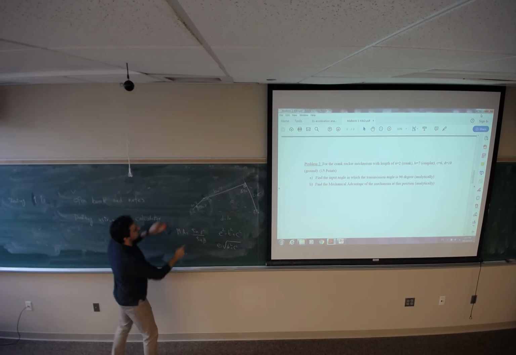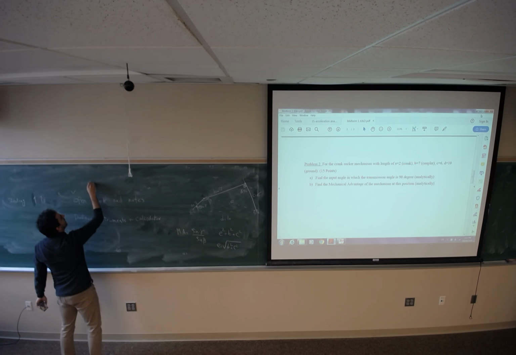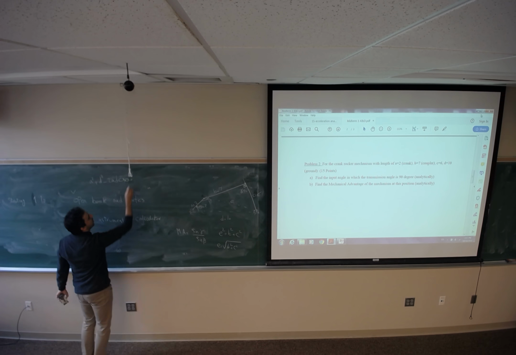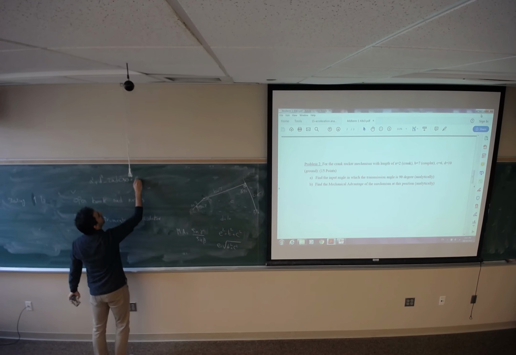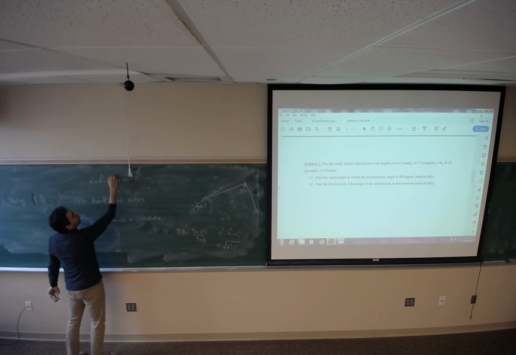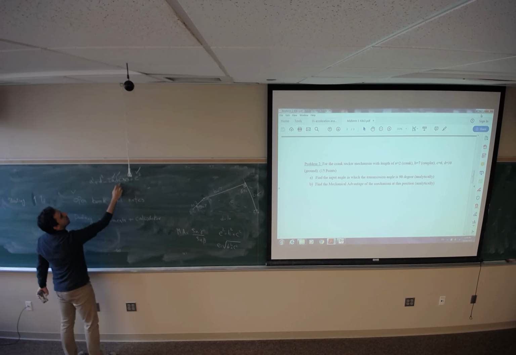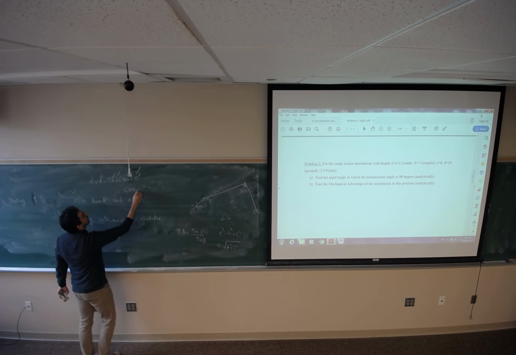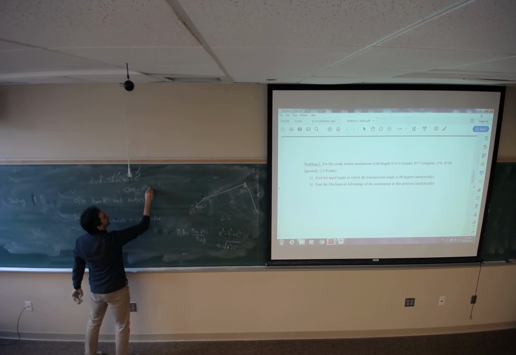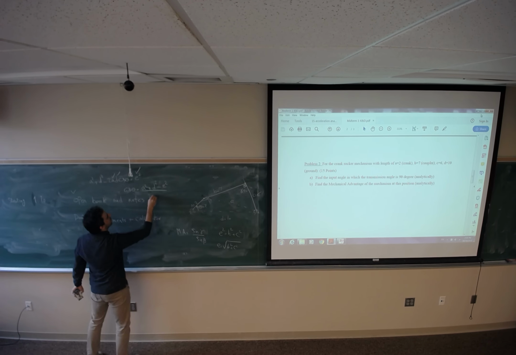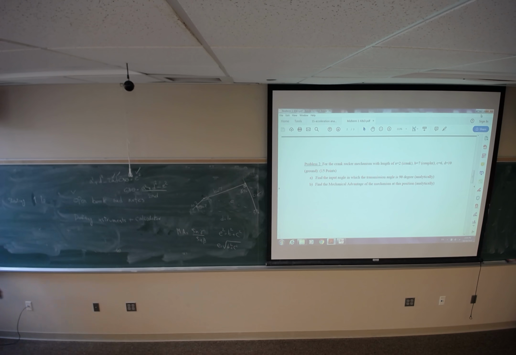We have A, we have D, so I can write A squared plus D squared minus 2AD cosine of theta equals E squared. You have E, you have A, you have D, solve for theta. Cosine of theta is A squared plus D squared minus E squared divided by 2AD, and find theta.